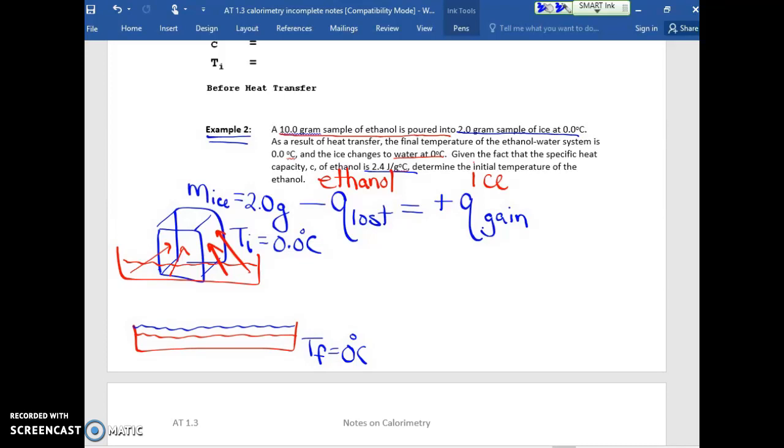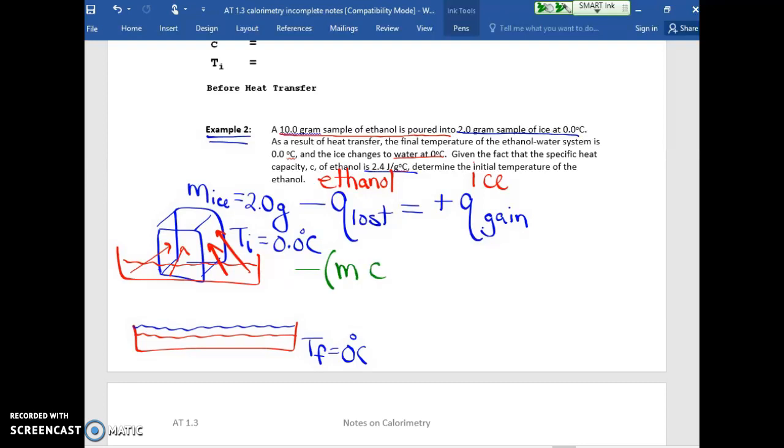Now, notice the ethanol has to be changing in its temperature. We don't know what the initial temperature of the ethanol was, but it had to be transferring energy to the ice. So we know the ethanol needs the heat change formula.